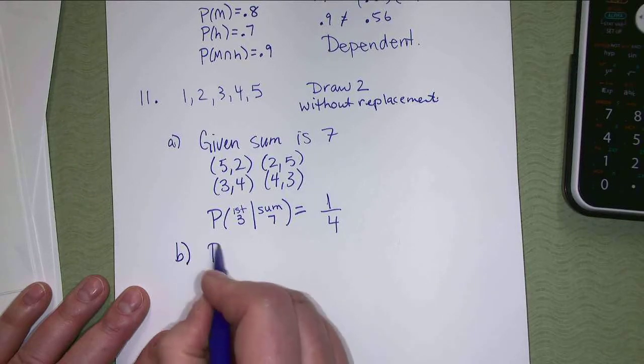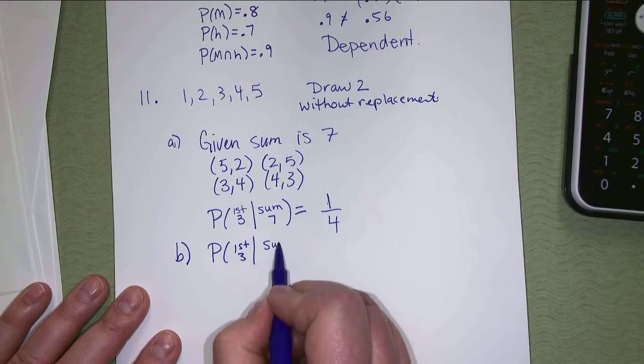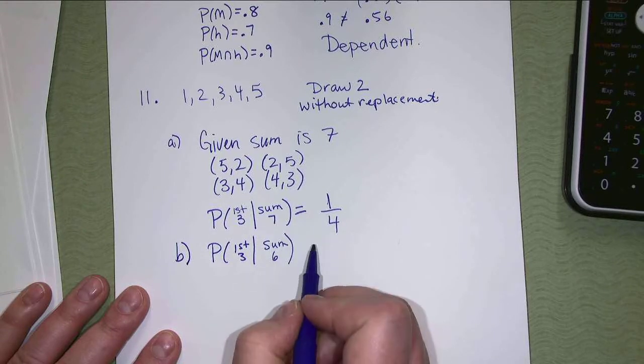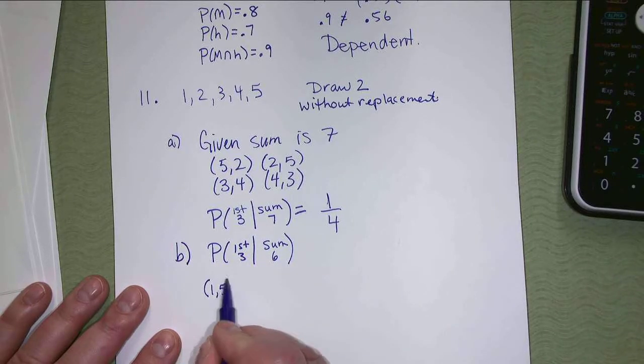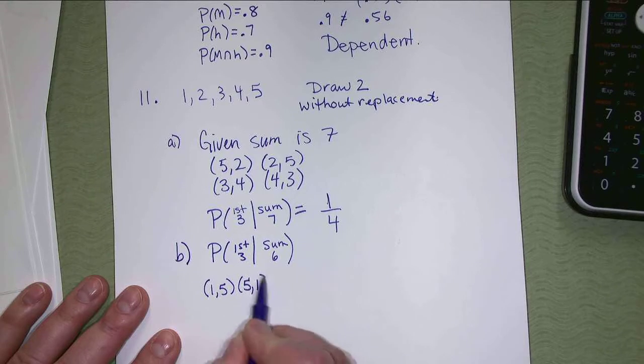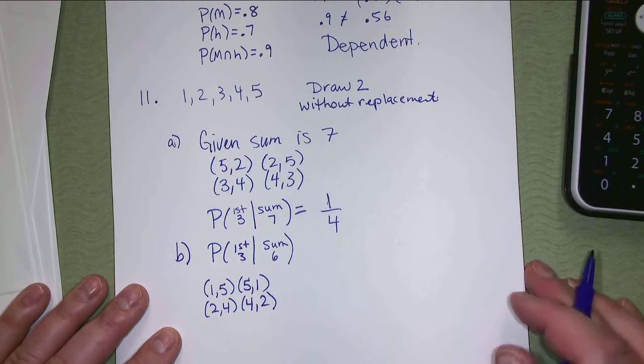The second one says the first number is a 3 given that the sum is 6. Oh, this is interesting. So the sum is 6 would be 1, 5, 5, 1, 2, 4, 4, 2. And you wouldn't be able to do 3 and 3 because, without replacement, there's no 3, 3.